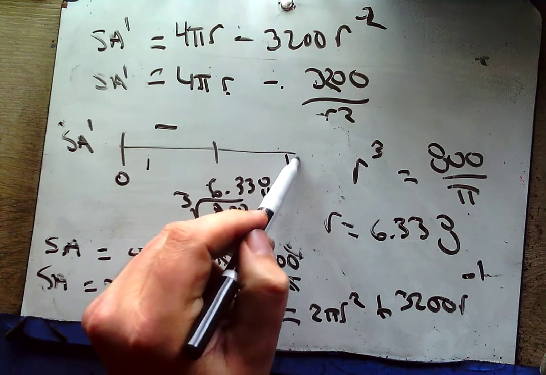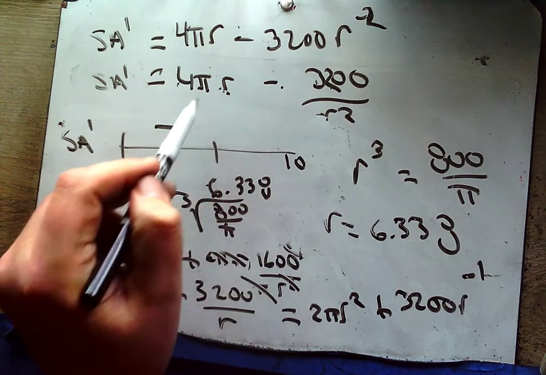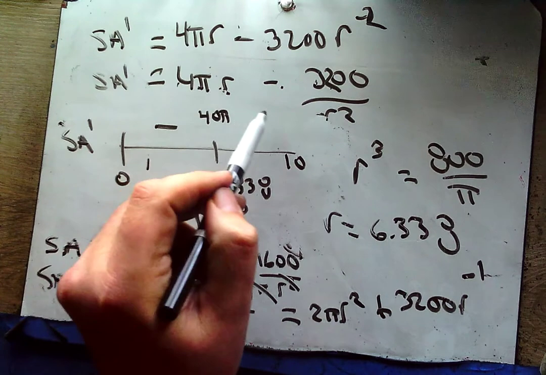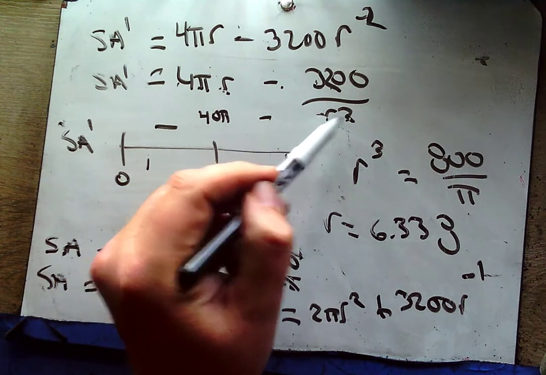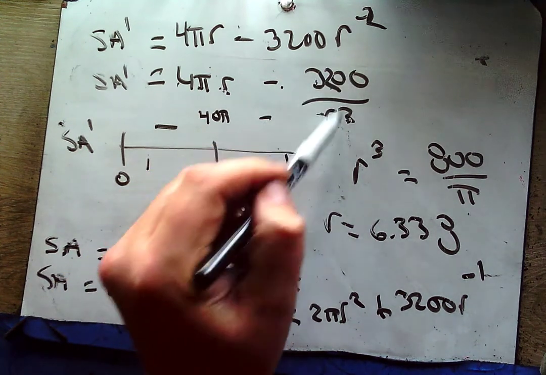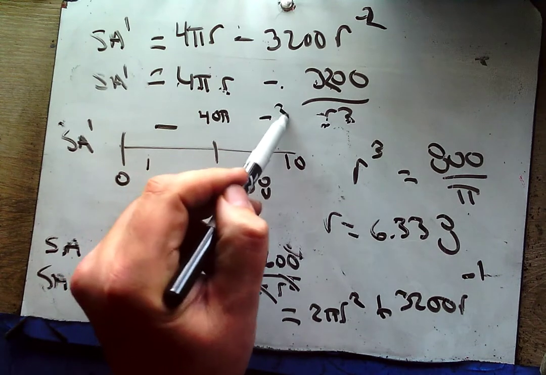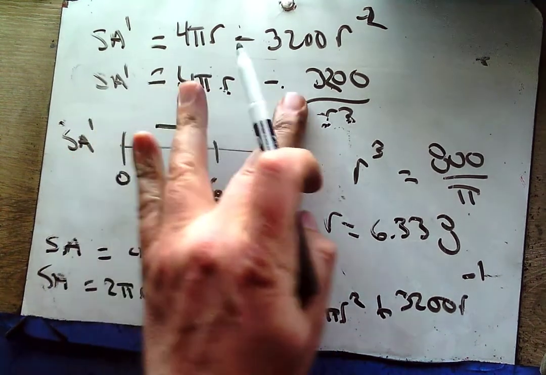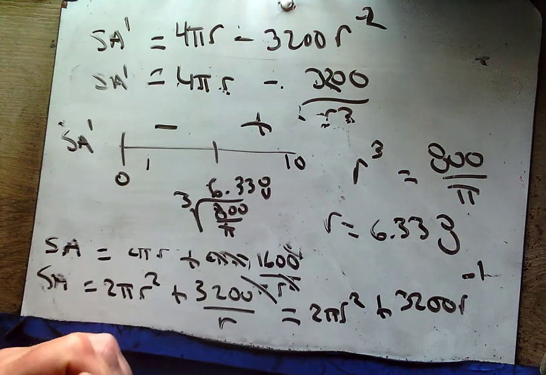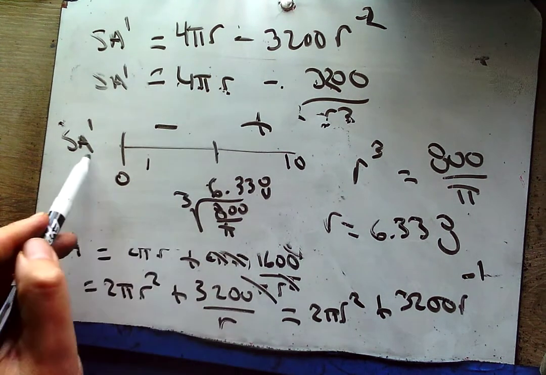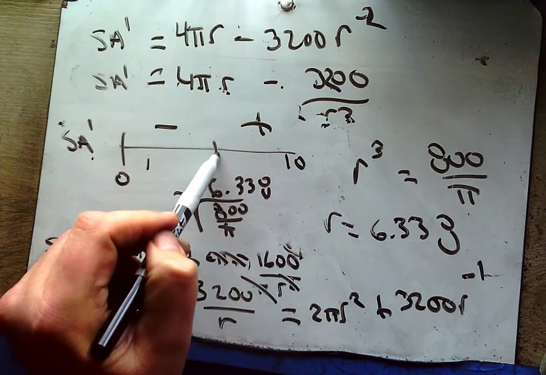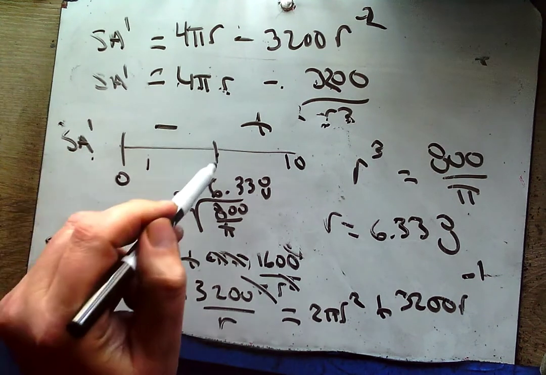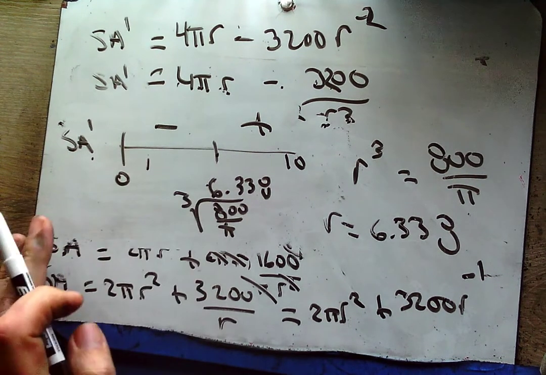If I plug in 10, here I'm going to have 40 pi minus, 10 squared is 100. 3200 divided by 100 is 32. Is 40 pi bigger than 32? Sure is. And so that's a plus. So I can see that surface area is minimized when radius is 6.338.